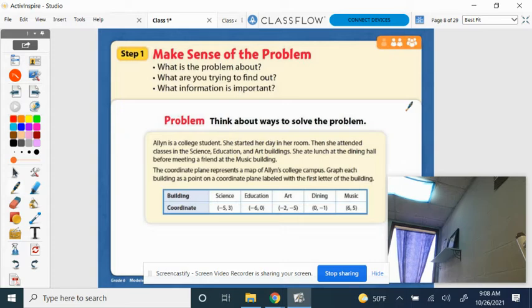What information is important? Emma, I'm not sure why your book isn't even open. What information is important, Carlia? The numbers. The points, yeah, the coordinates. Anything else that's important? Jacob? The chart. Well, yeah, the chart has numbers on it. So use the paper that I just gave you and draw your graph.